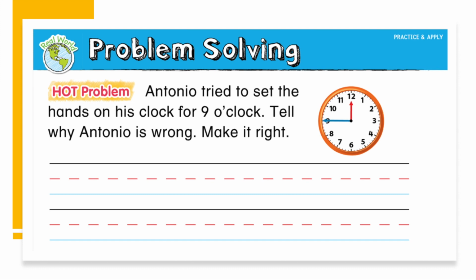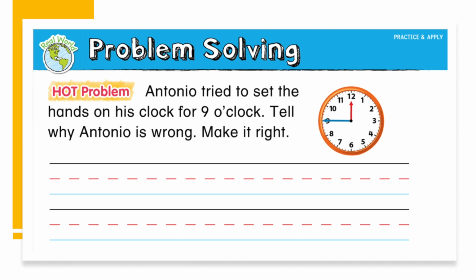Now this is located in the bottom part of your math book on page 592 as well. Now it says, Antonio tried to set the hands on his clock for 9 o'clock. Tell why Antonio is wrong. Make it right. So go ahead and look at the orange clock. Antonio said that it's showing 9 o'clock, but we know he is not correct. Why is he not correct?